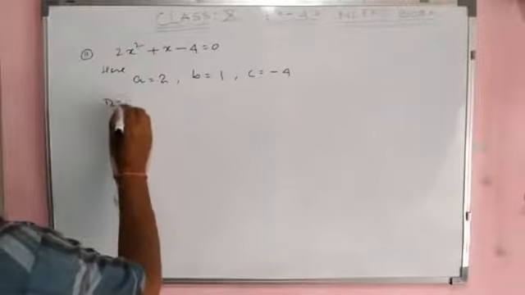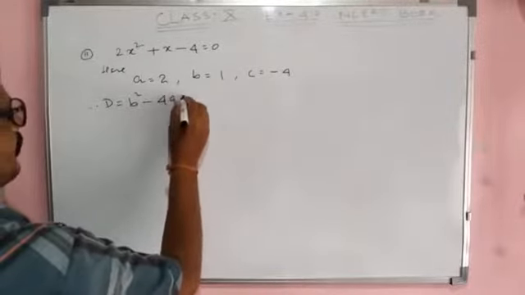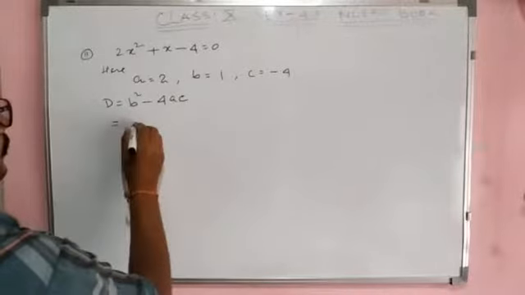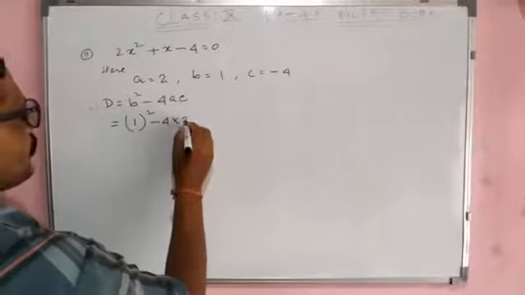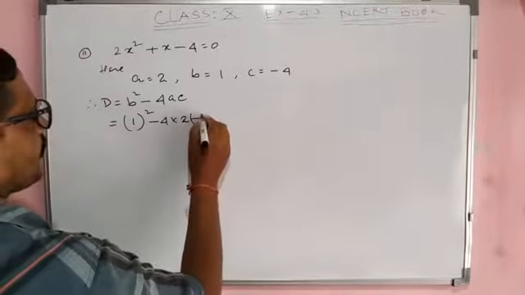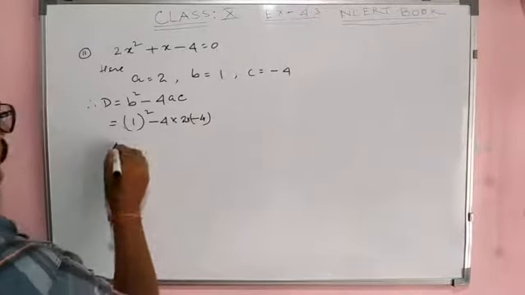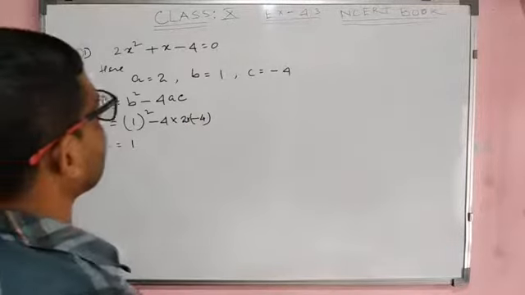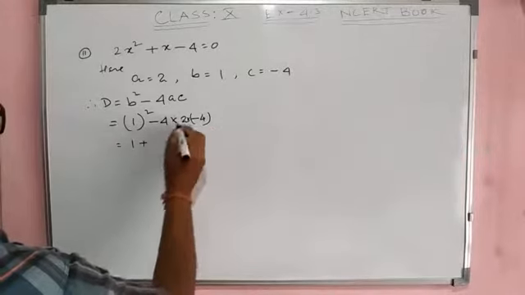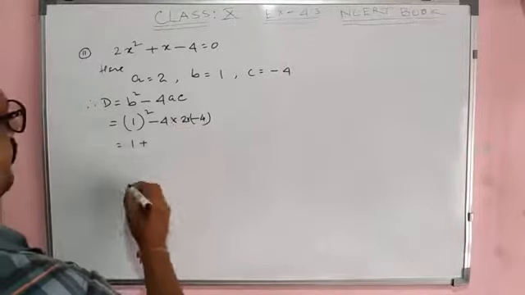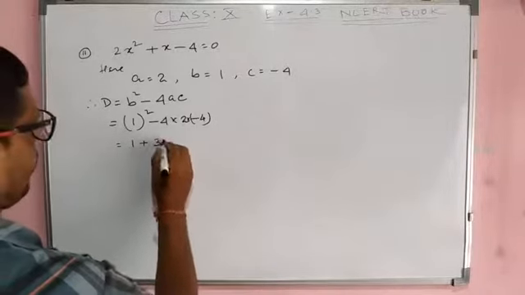Therefore D equal to b square minus 4ac. b means 1 square, a means 2, c means minus 4. So it will be 1 plus 4 into 4 is 16, 16 into 2, 32.